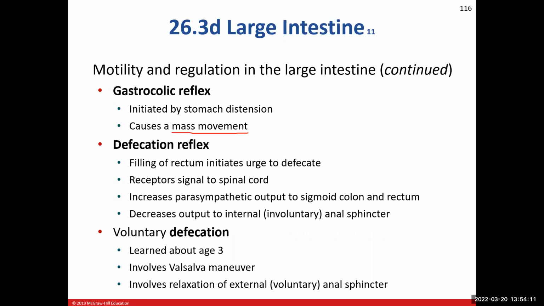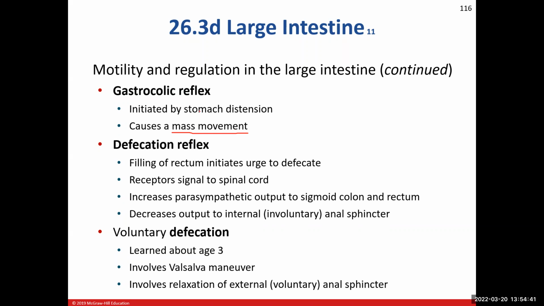And then finally, our last reflex is the defecation reflex. So again, trying to make room, we're moving things distally in our GI tract. We are going to start to move material into the rectum. And as the rectum starts to fill up, you have baroreceptors in the rectum that feel the pressure of the feces increase and increase and increase.